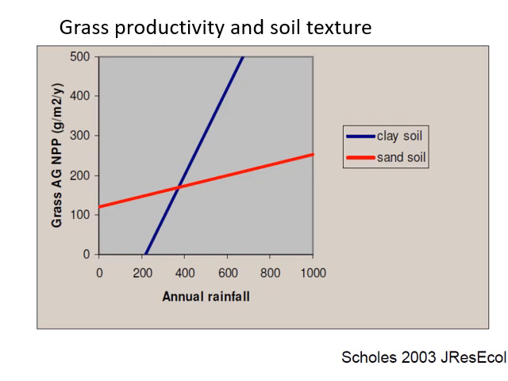It shows how the net primary productivity changes with rainfall on two different soil types, a clay soil and a sandy soil. So now it's very easy to see that at high rainfalls, there's more grass production on the clay soil, but at low rainfalls, there's more grass production on the sandy soil. You need to be able to explain why this is, based on the information that I've given you in the previous slide.